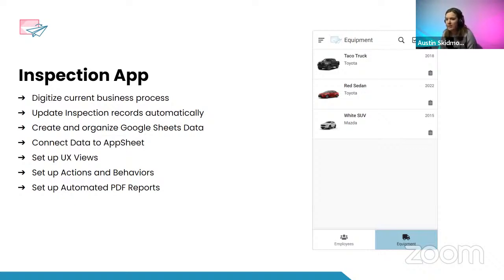We're also going to want to connect that data to AppSheet, set up the views for our user experiences, our actions, behaviors, and my favorite, those automated PDF reports. We have an on-demand about those PDF reports, advanced templates and document generation. So if you're interested in those after this, that's definitely an on-demand you might want to check out. But yeah, those are our key features, and that's what we're going to head towards with this app build.